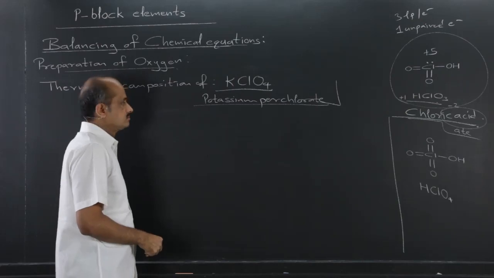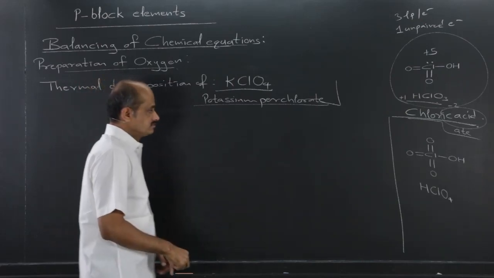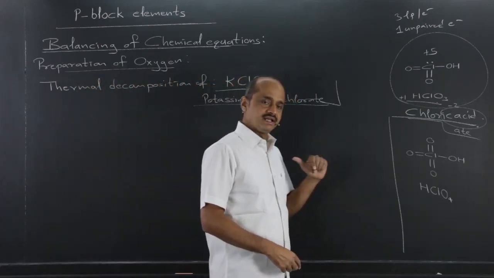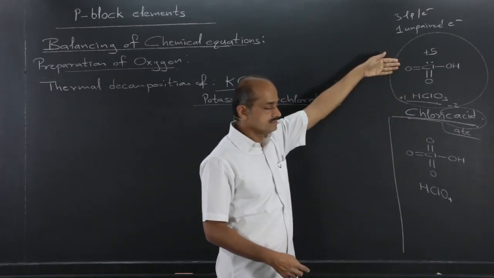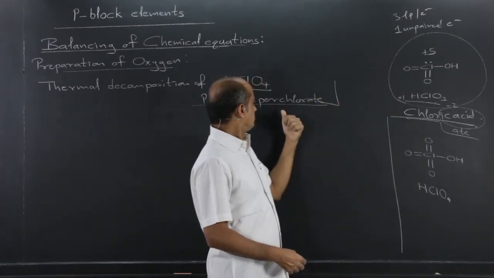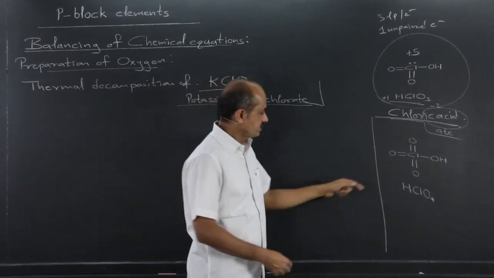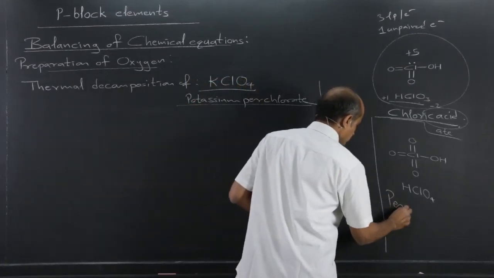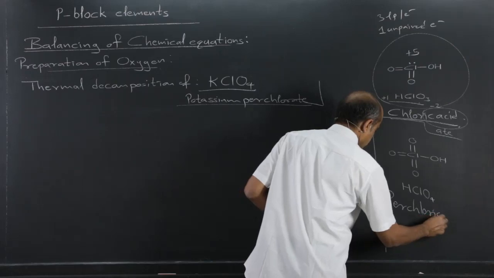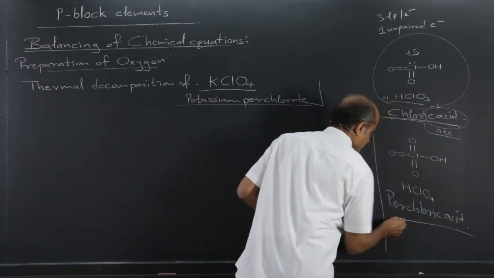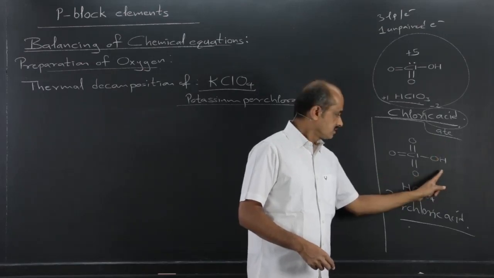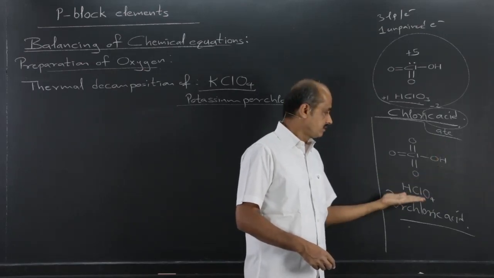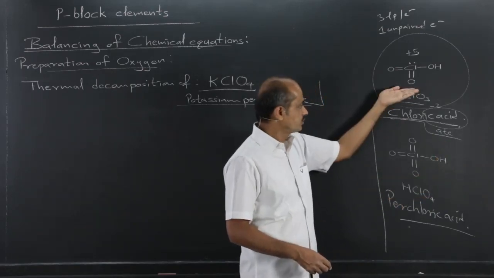The earlier example was chlorate, the salt of the oxyacid chloric acid. Perchlorate is the salt of perchloric acid. It is a monobasic acid, only one H plus ion is available per molecule. The same was true for chloric acid.